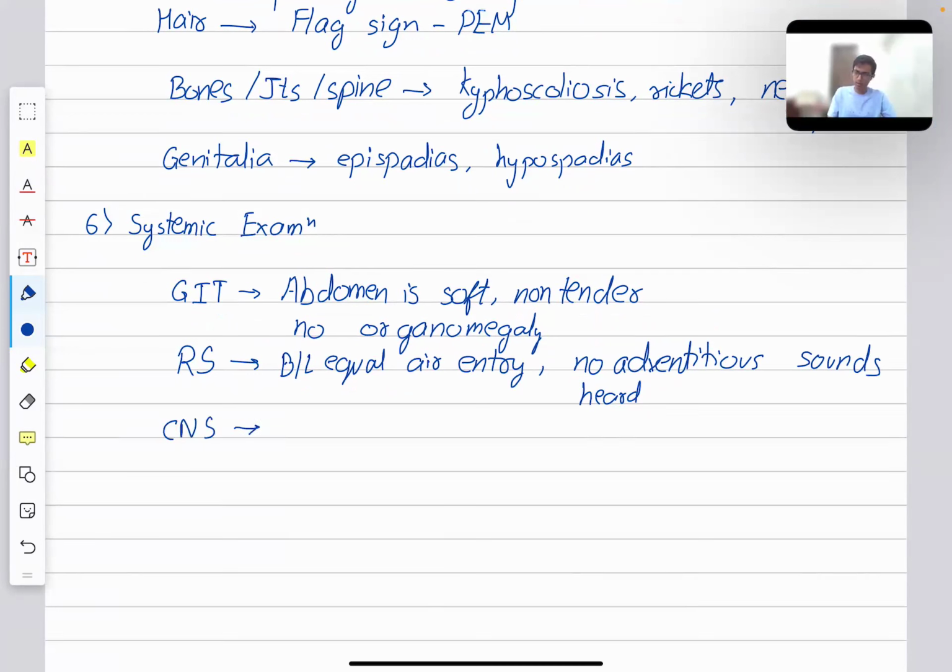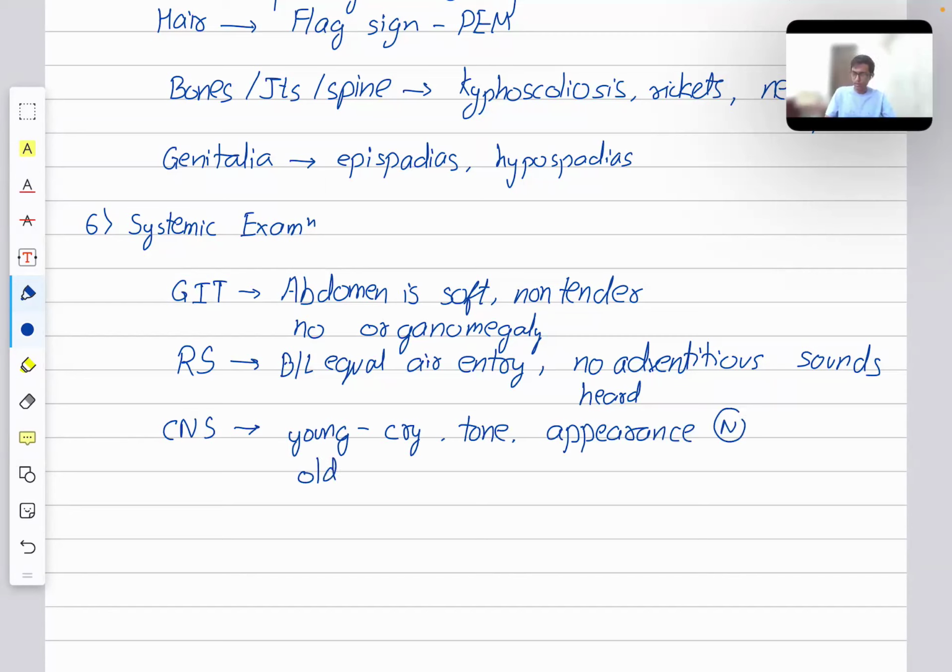CNS: in case of a young child, just mention that cry, tone, and appearance are normal. In case the child is old enough, mention that power, tone, and reflexes were normal.